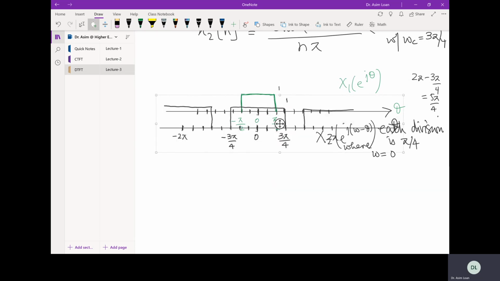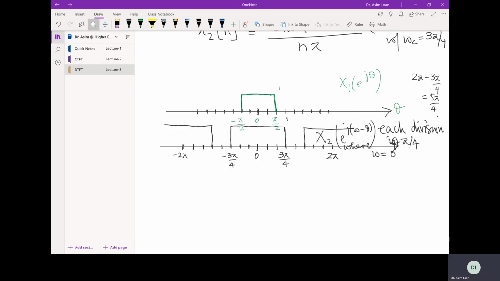When I move this thing on top of this one, what is the overlap? The overlap is this one, this one, this one, and this one.